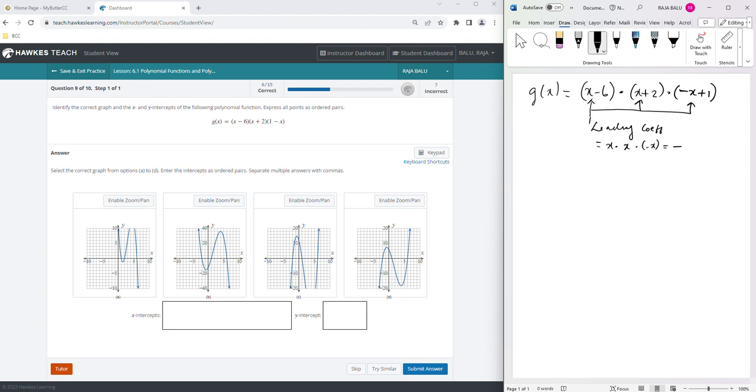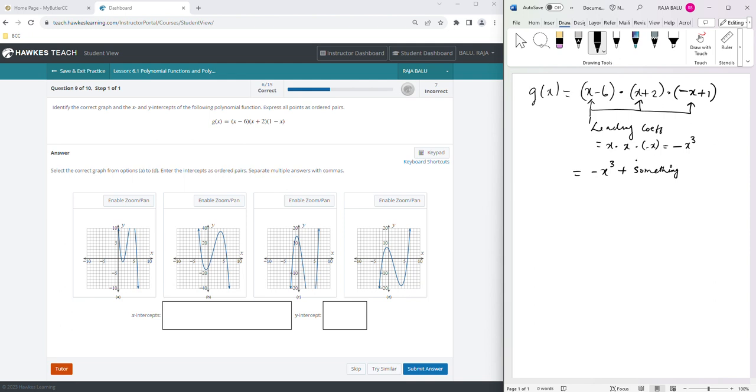So this is negative x cube, and of course after you do all the calculation there'll be some garbage left. So there'll be negative x cube plus something. We don't worry about it at the moment. So this is essentially a negative x cube graph.